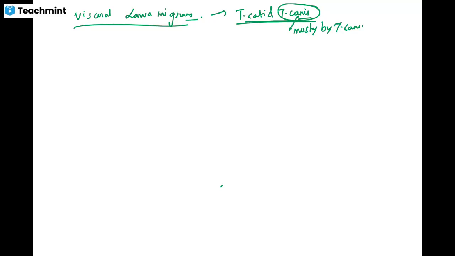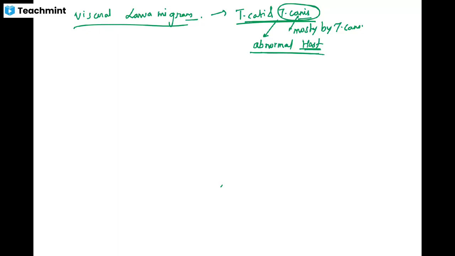It occurs when the larva of Toxocara cati and Toxocara canis are eaten by an abnormal host. तो इन केस में abnormal host में एंटर कर रहा है तो ये कैसा पैरासाइट होगा? It is an aberrant parasite.